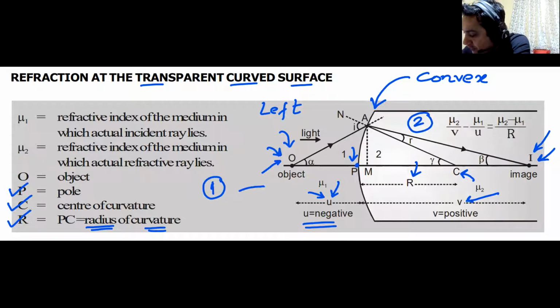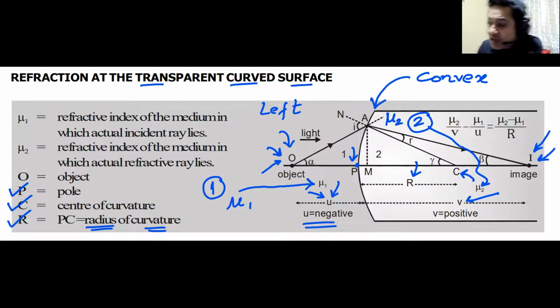Medium number 1 has a refractive index mu1, and for medium number 2 we have refractive index mu2. The incident ray is in medium number 1 and the refracted ray is in medium number 2. Do we see this?